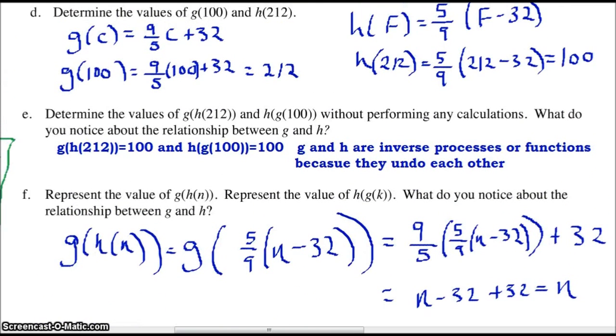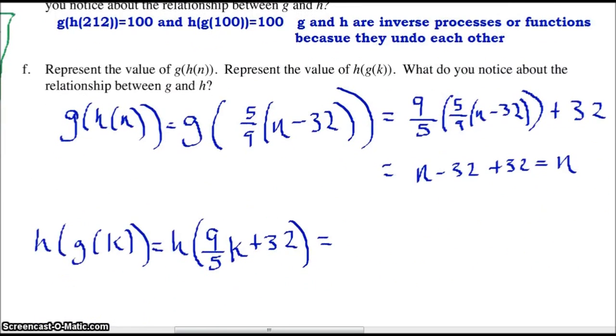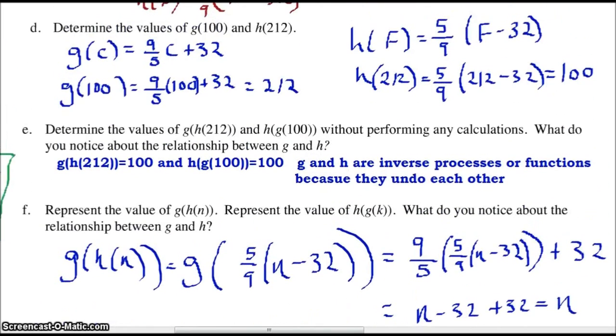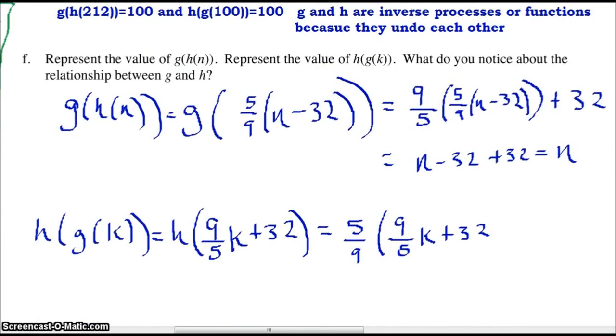And notice h of f is 5/9 times (f minus 32). So h of (9/5 k plus 32) is 5/9 times (9/5 k plus 32 minus 32).